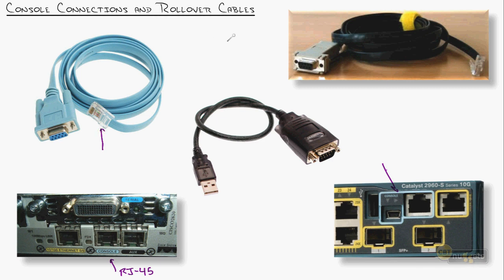Now, some people will call them rollover cables, because you might have made cables before. Maybe that was part of your history. If not, I encourage you to go out there and just crimp a cable. It's a rite of passage. When you make cables, inside there are 8 individual wires, and you can make what's called a straight through or a crossover cable, where on each side of the connections, you flip those wires in different ways.